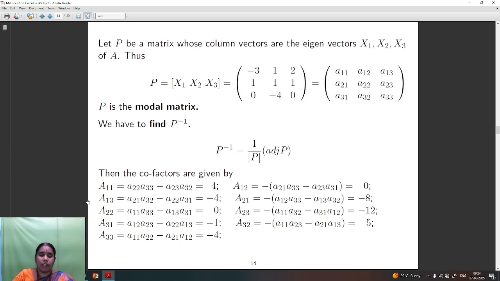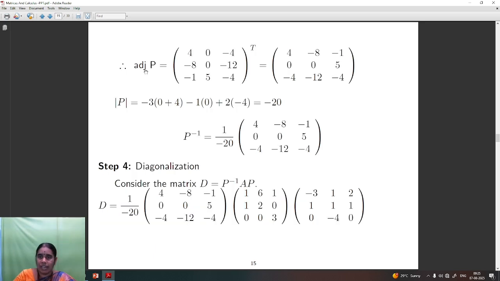Similarly for A33, we eliminate the third row and third column, and taking the remaining values as a modulus, we find A11 into A22 minus A21 into A12, with the answer minus 4. Taking the cofactor matrix and then its transpose, changing columns into rows and rows into columns, we have the adjoint matrix as this.